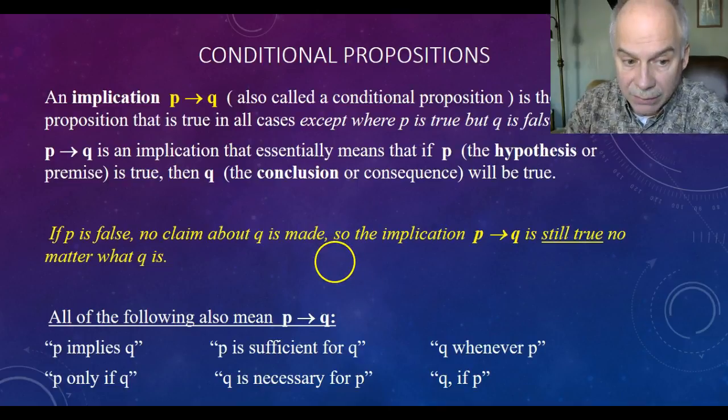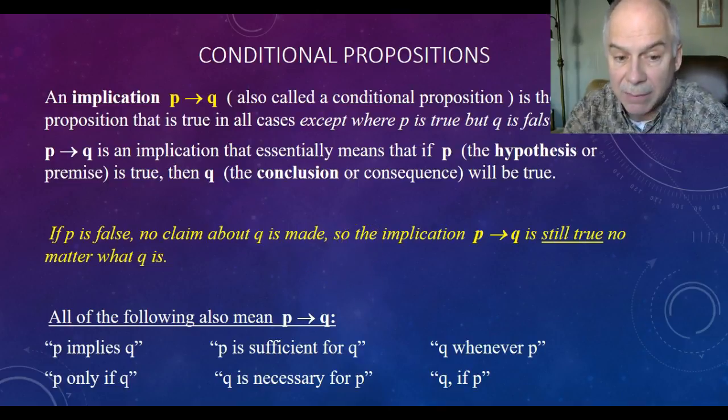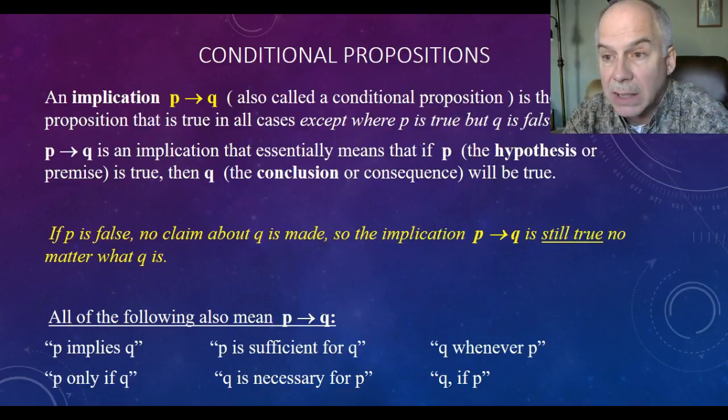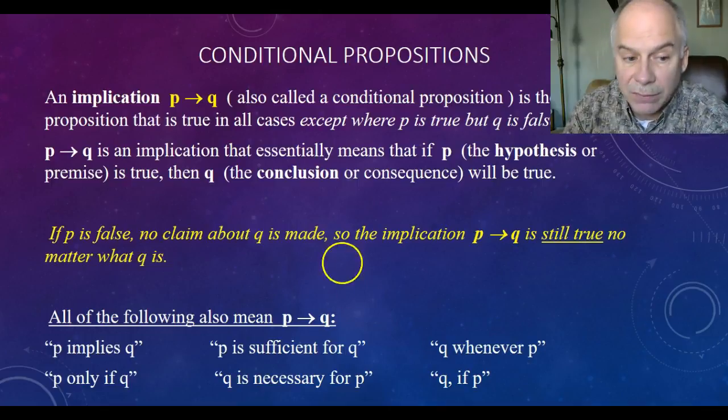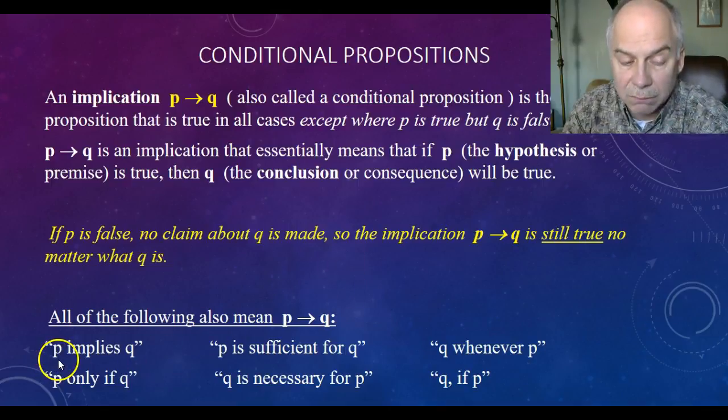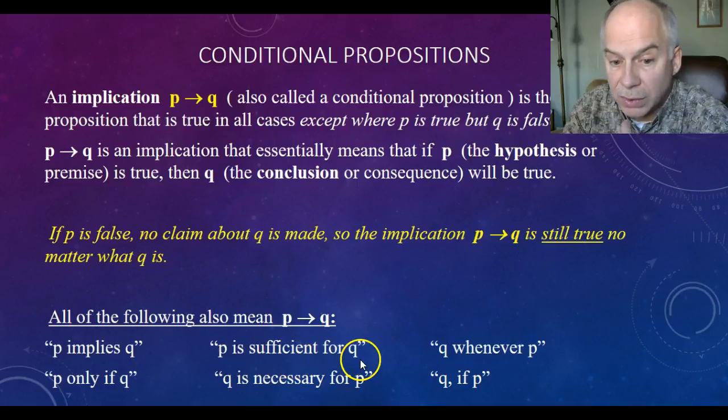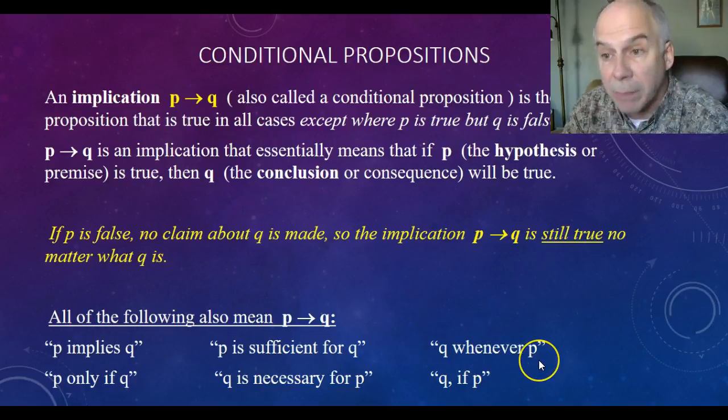So I've given this list down at the bottom of the slide that says all of the following also mean P implies Q. So if you see P implies Q, that format, or P is sufficient for Q, or Q is true whenever P is true, which is like saying Q is true if P. So the word if or whenever is sort of in front of P.